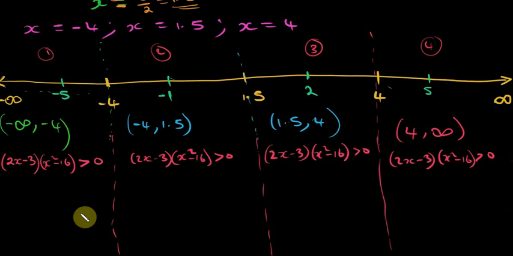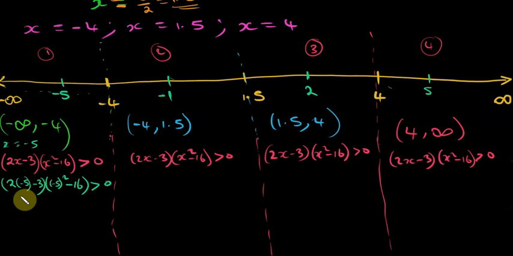Now let's examine and see if they meet the given condition. So in this case, x is equal to minus 5. So 2 multiplied by minus 5, minus 3, multiplied by minus 5 squared minus 16 should be greater than 0. Question is, is it greater than 0?